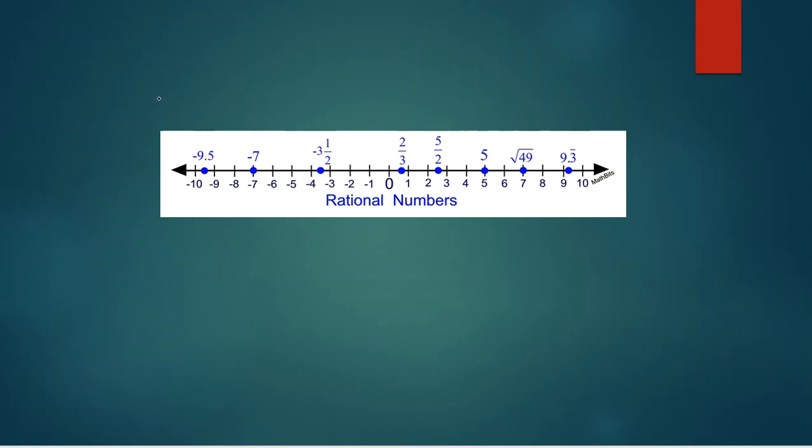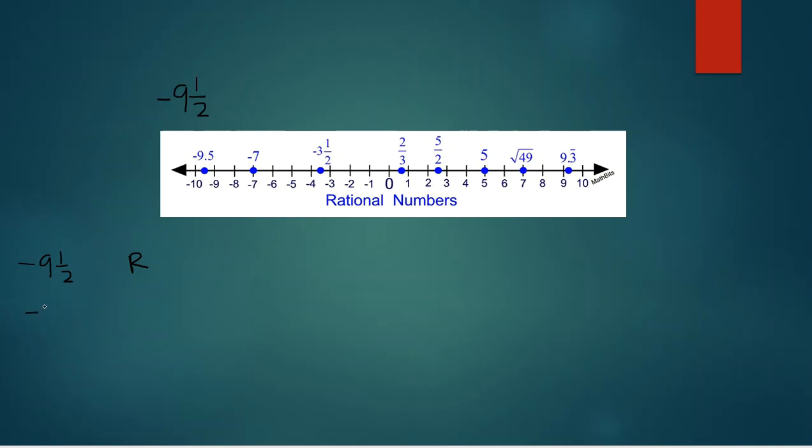But negative 9.5, we can write as a fraction. 0.5 is equivalent to 1/2. So negative 9.5 is really just negative 9 1/2. Negative 9.5 would be classified as just a rational number. It's not a natural number, it's not a whole number, and it's also not an integer. Remember, integers are positive whole numbers and their opposites. So the only way to classify negative 9.5 would be as a rational number.